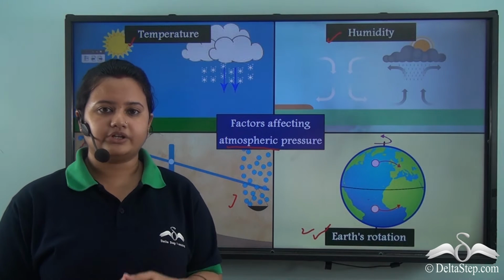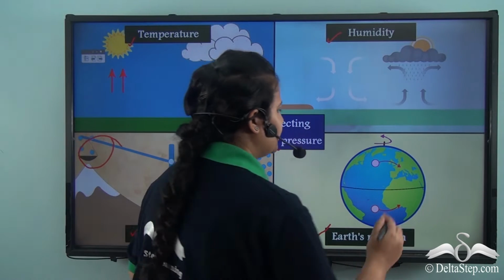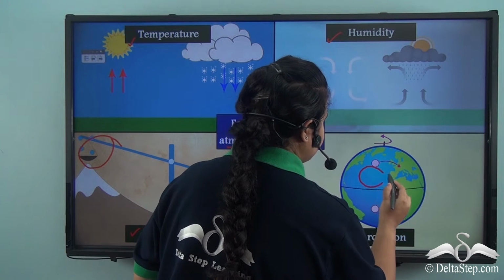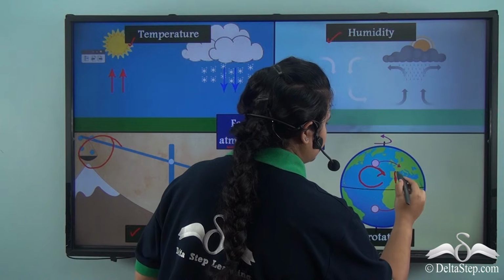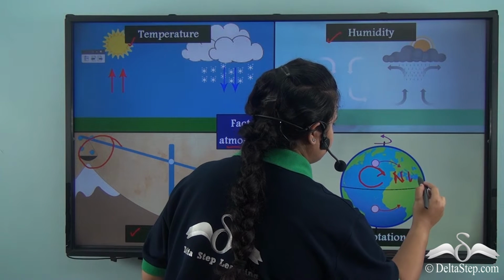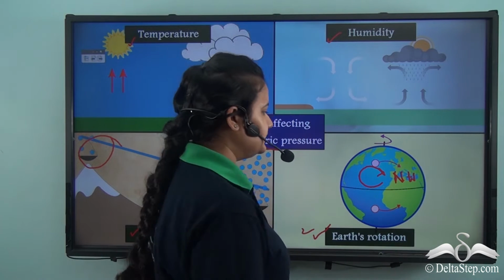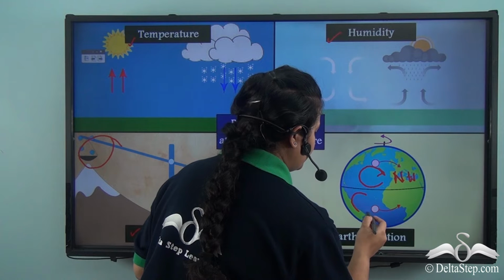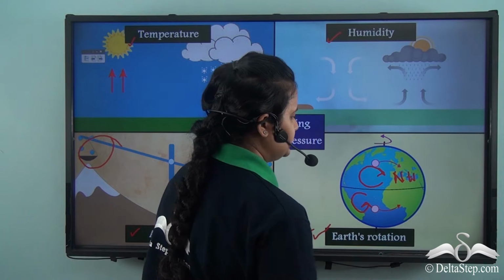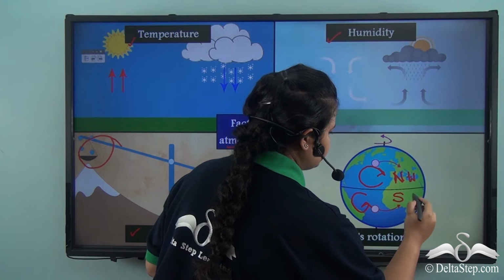As the Earth rotates, the winds blow clockwise in the northern hemisphere, and they turn or blow anti-clockwise in the southern hemisphere.